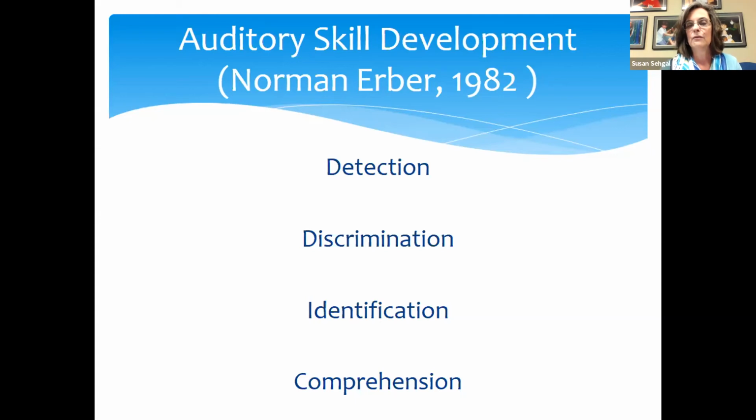So, for example, when we go to the next level, identification, we're looking at whether a child can identify a word. The responses for identification would be simply a child labeling a sound, pointing to a picture, or picking an object from a group of objects. Those would all be identification type tasks.